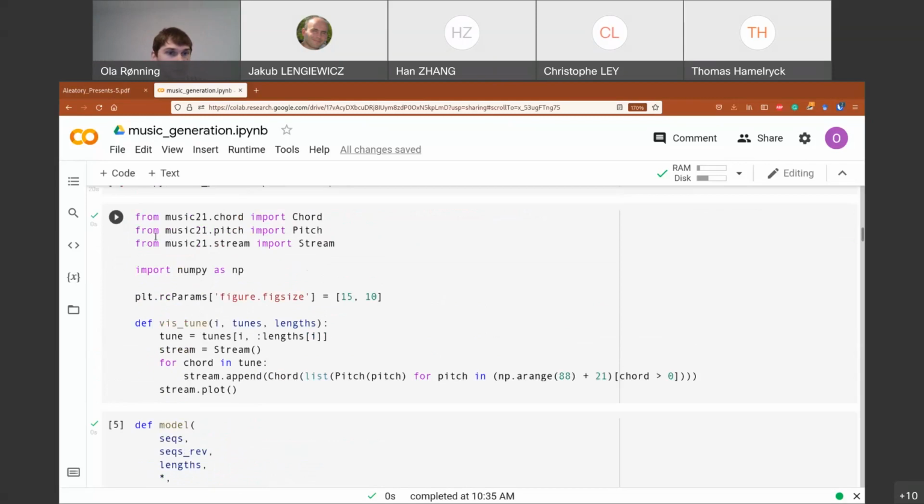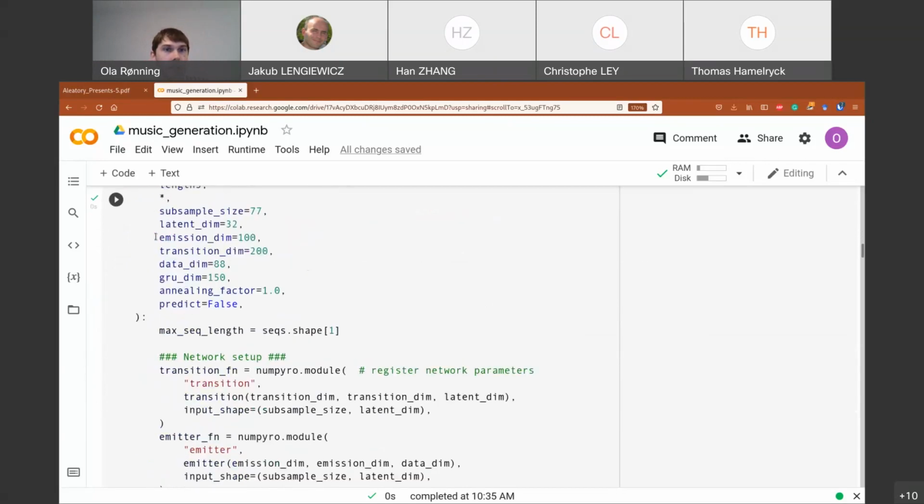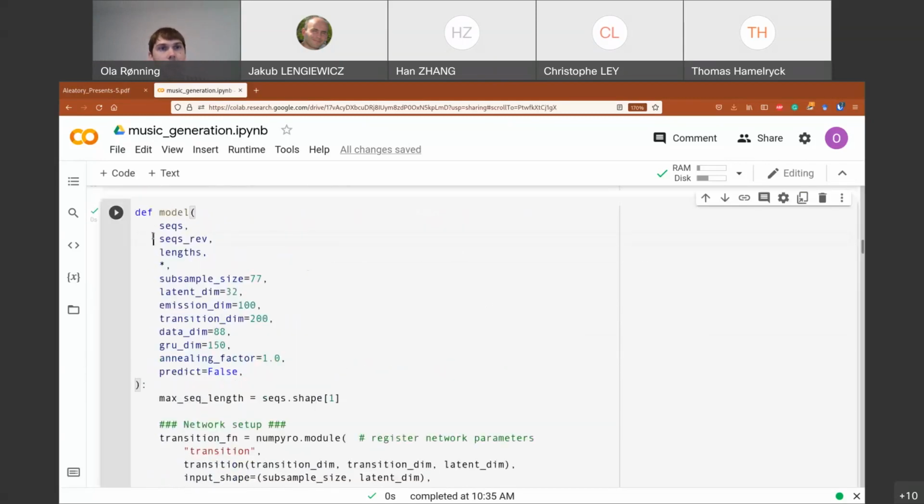Yeah, we want to do a visualization. In NumPyro, you're able to define our variational distribution and our target distribution as a Python function, and then we have special operations which handle the stochasticity that's available in the model.